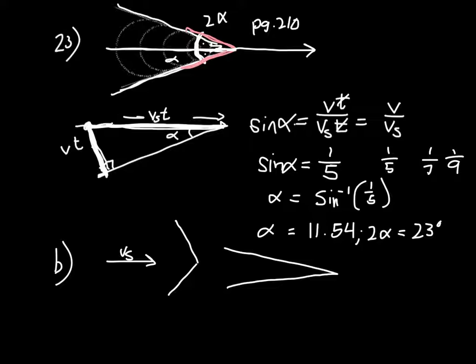If we take the inverse sine of those numbers, we're going to end up with an even smaller angle than we did with the inverse sine of 1/5. So the faster our source goes, the narrower or skinnier our bow wave is going to be.